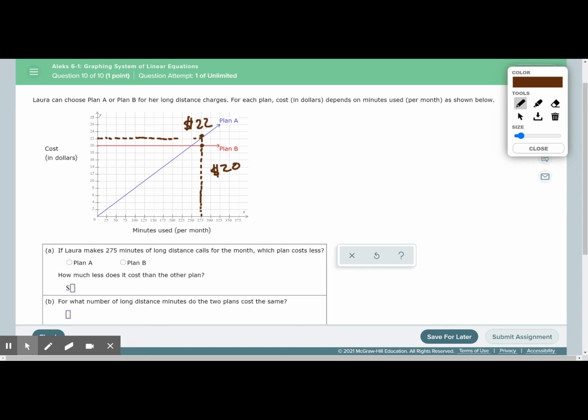So which one costs less? Of course, it's going to be plan B. How much less does this cost than the other plan? That would be 22 minus 20. The answer is 2.